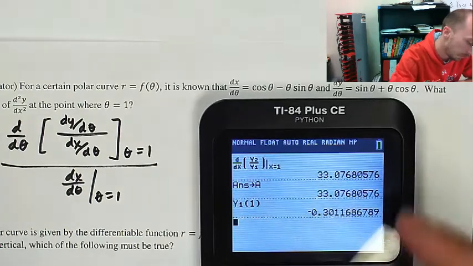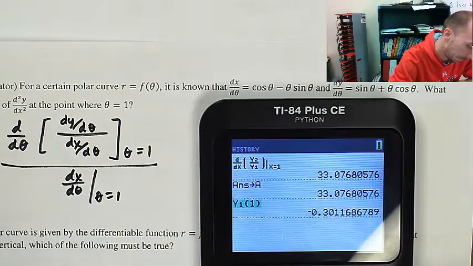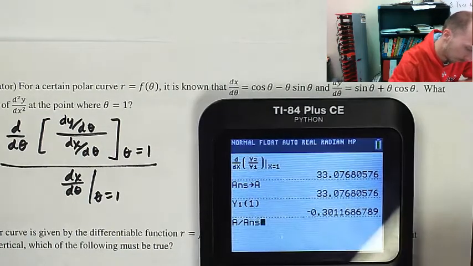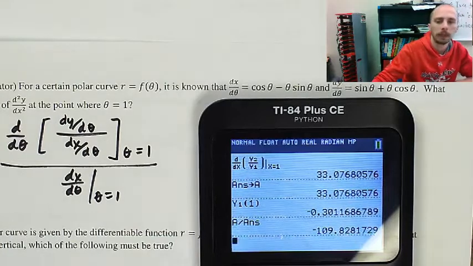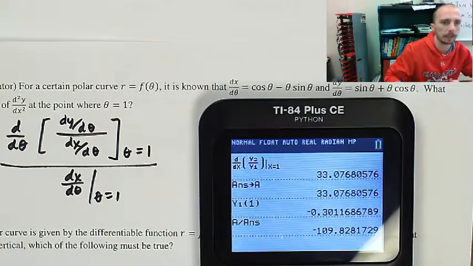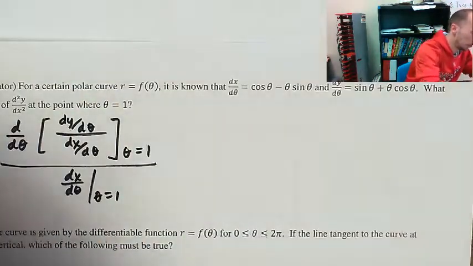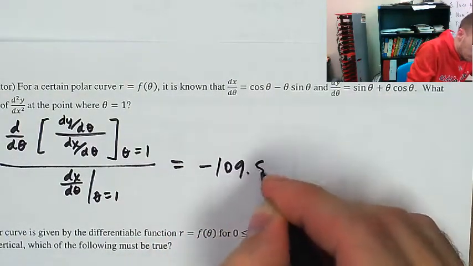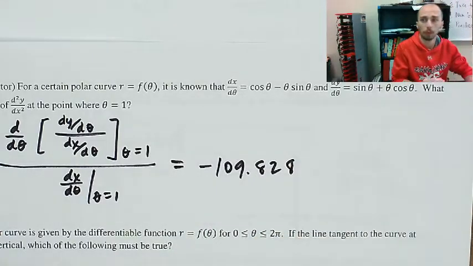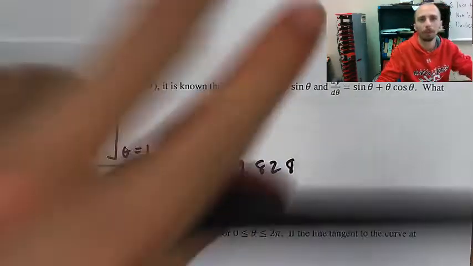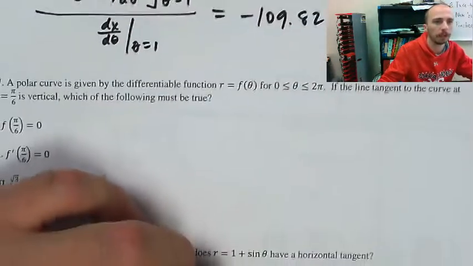So I'm going to divide A by the answer, and I'll get negative 109. Just make sure that's what I got last time. Yep, negative 109.828. Which I guess means it's really concave down. I don't know. Not worth trying to recover r of theta from that and see.